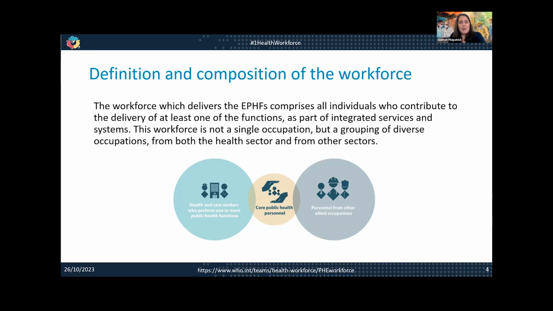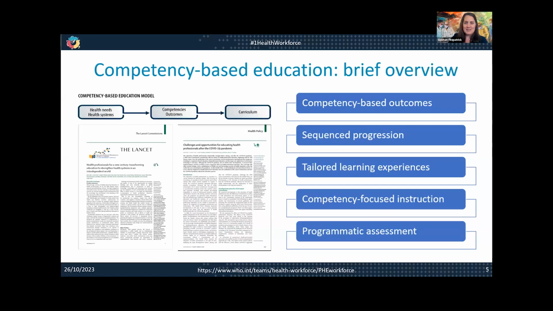The third group of the workforce is personnel from other allied occupations whose roles are particularly focused on the determinants of health. This is everything from street cleaners to data analysts to policymakers. These are people who might not necessarily be identified as core public health personnel, but we want to look at how we ensure that the entire workforce is best prepared to deliver their tasks towards the EPHFs.